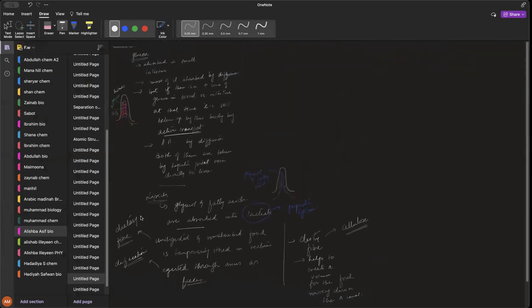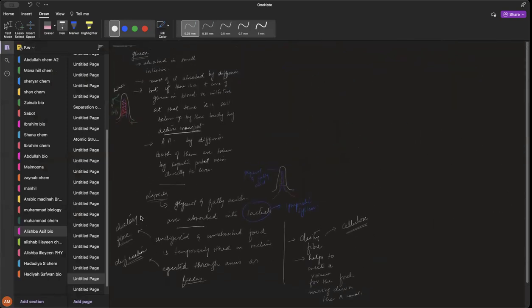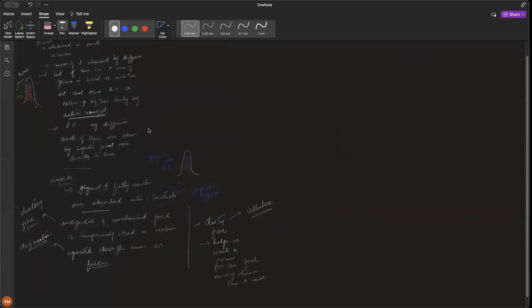All right. So this is about the absorption that takes place in the small intestine.